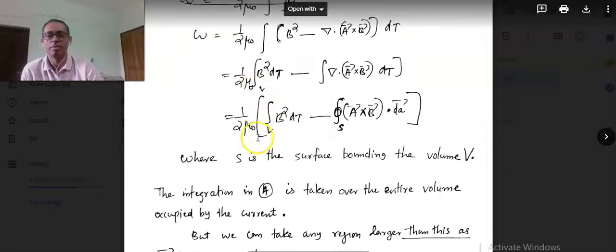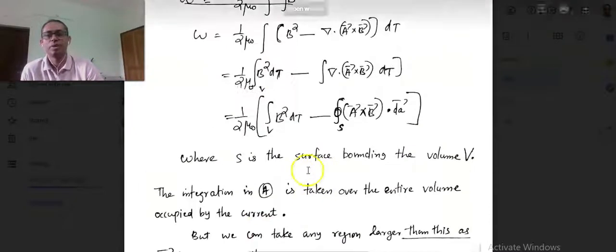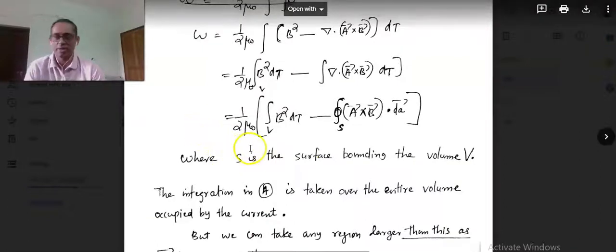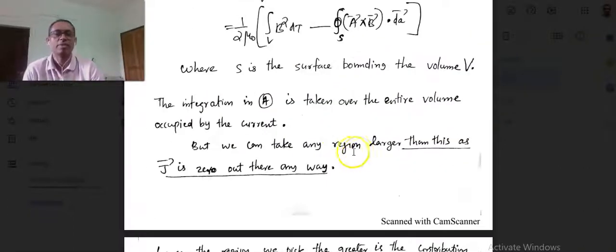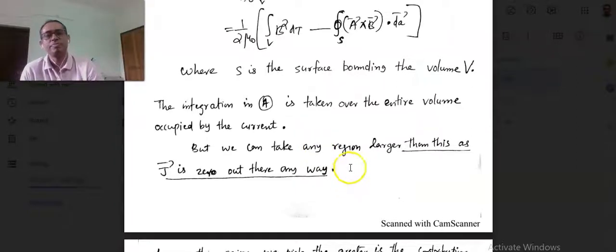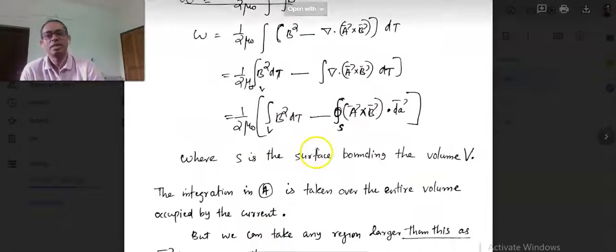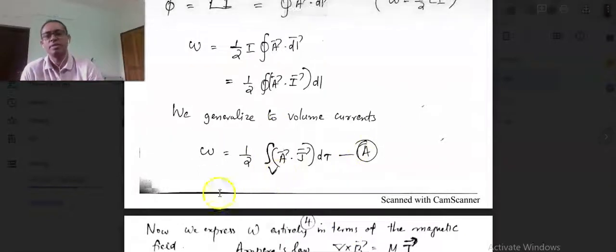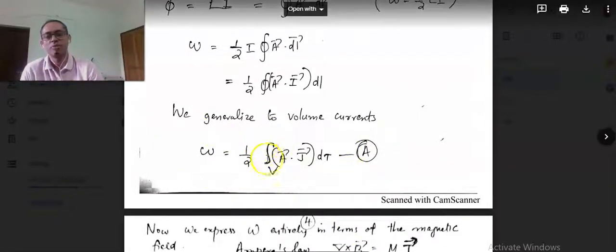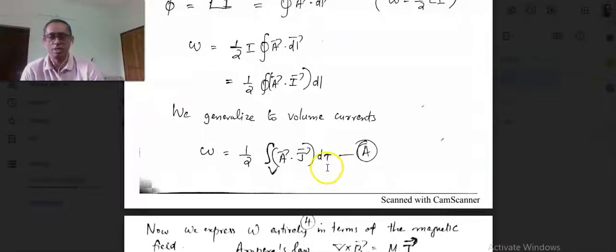So this is the work done. Work done is equal to 1 by 2 mu 0 integral volume B square d tau, plus this surface integral. Here we started from this expression W equal to half integral volume A dot J d tau.